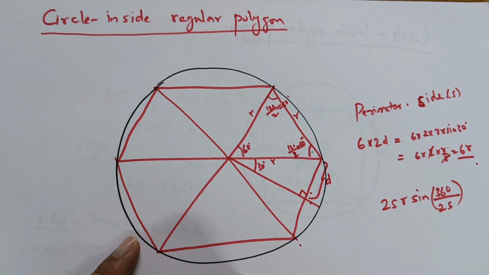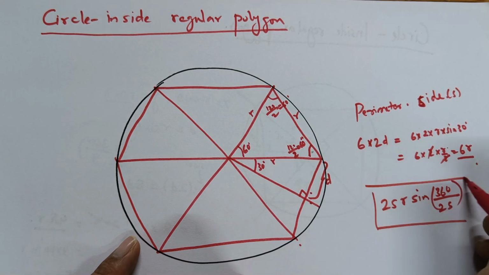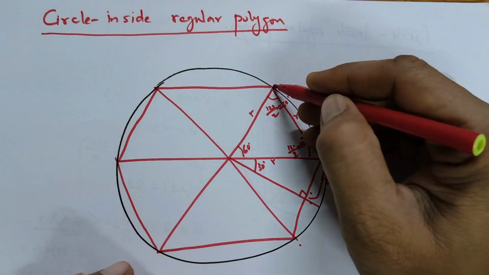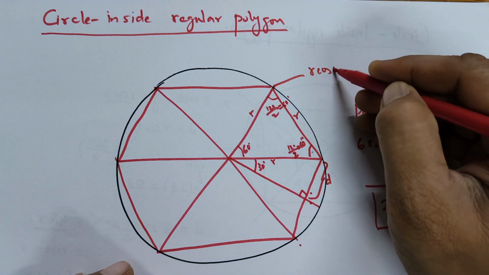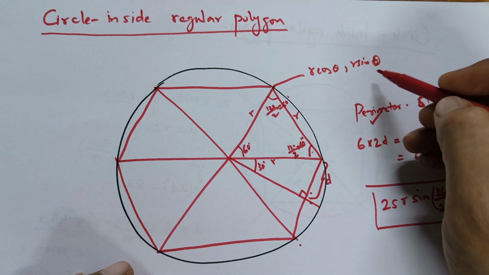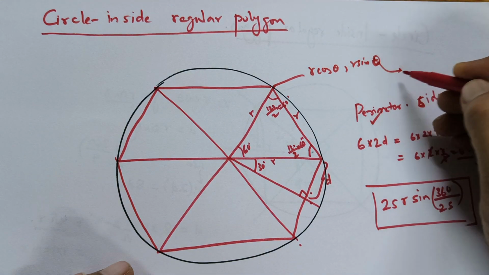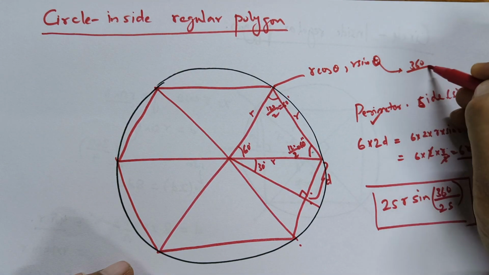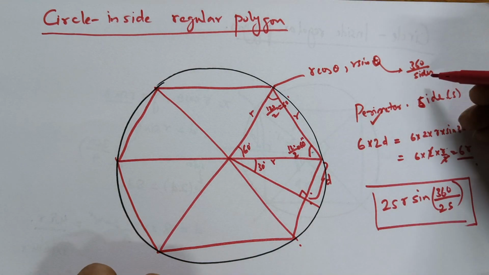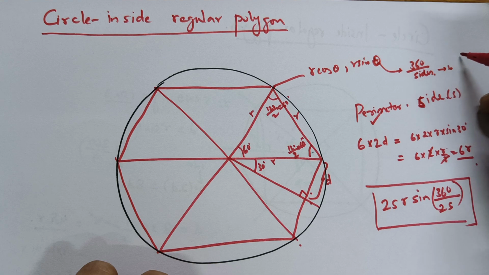Remember, it's half of theta. So this basically gives us a closed form formula that we can use to find the perimeter. And to draw, it's only in the circle: this is just r cos theta and r sin theta. You can have some starting angle, and then theta is incremented each time by 360 divided by the number of sides. In this case, when sides are 6, this will be 60 degrees.